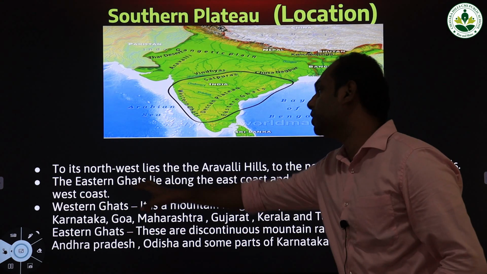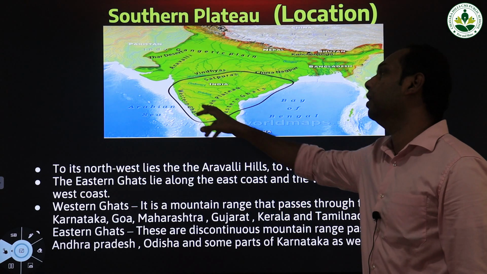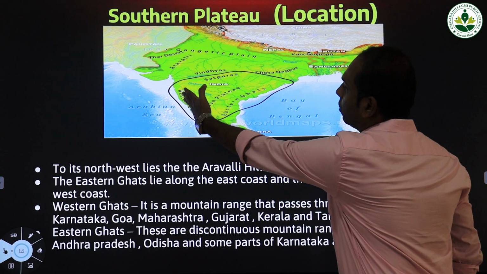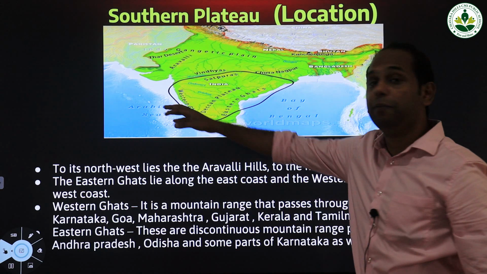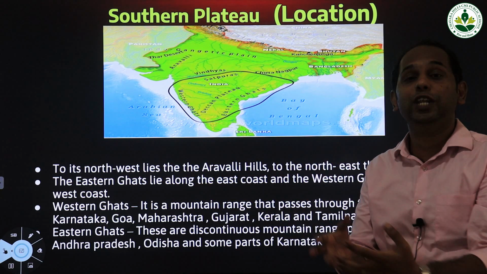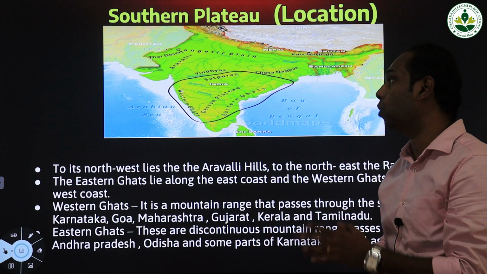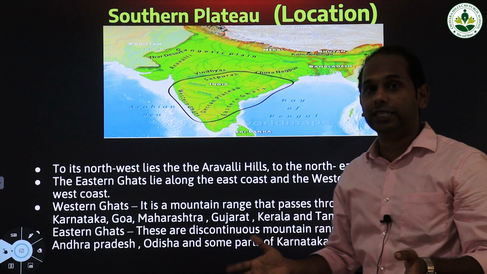Then the Eastern Ghats lie along the east coast. So as you see here in the map, this is Eastern Ghats. Okay, what are Western Ghats? They are continuous mountain ranges. In the previous lessons we have studied what are mountain ranges. Right, a group of mountains which are located together are called mountain ranges.